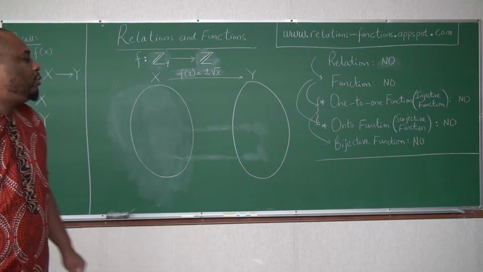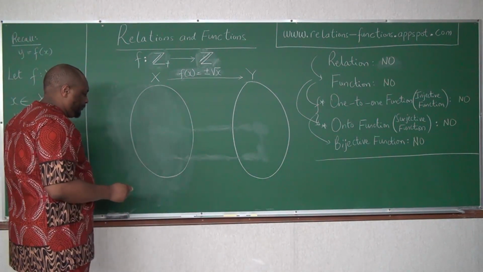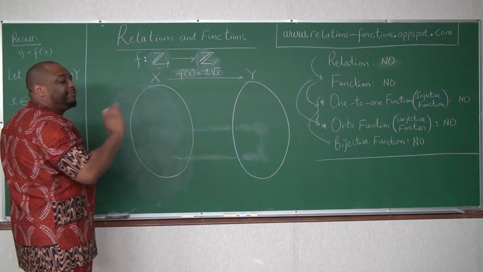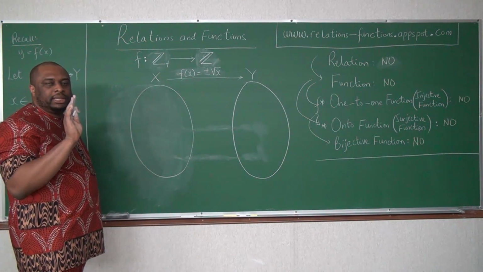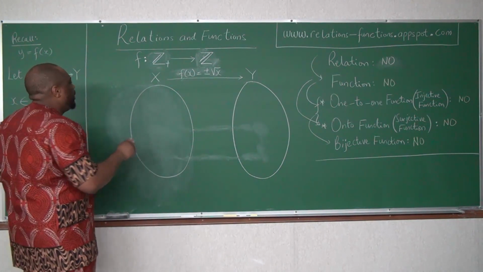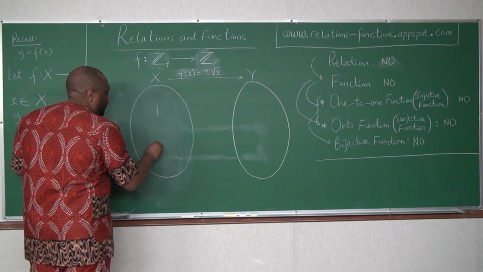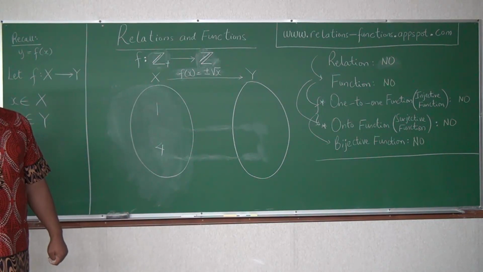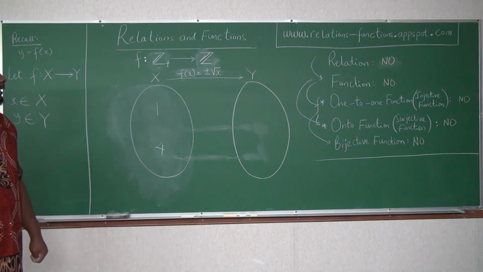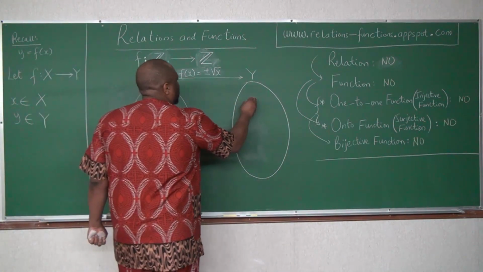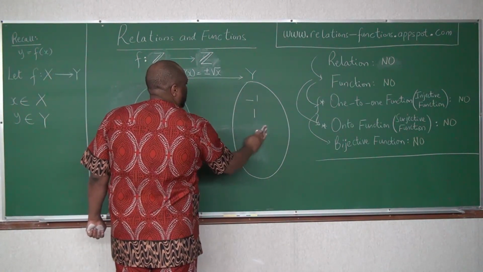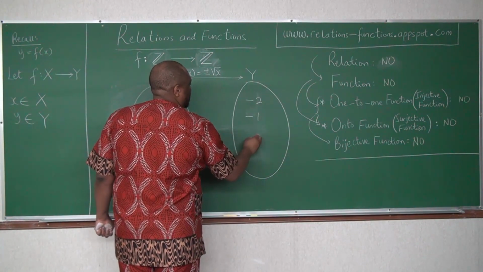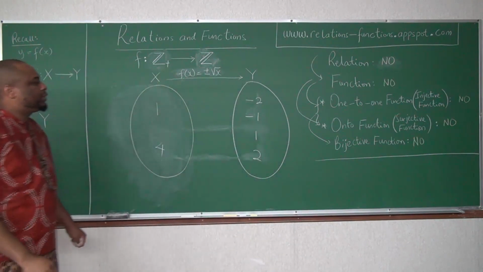Okay, let's see what we have. From positive integers, only positive integers, if I have here 1 and 4. And I have here negative 2, negative 1, 1 and 2.